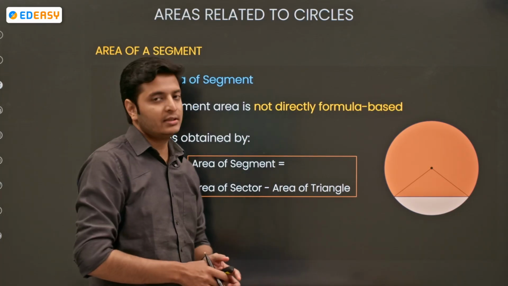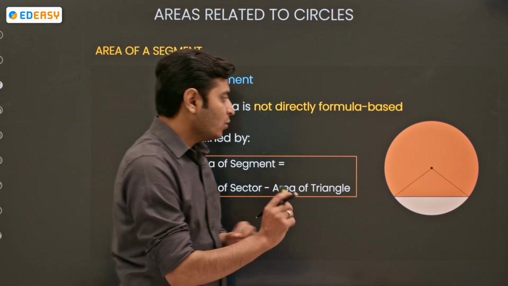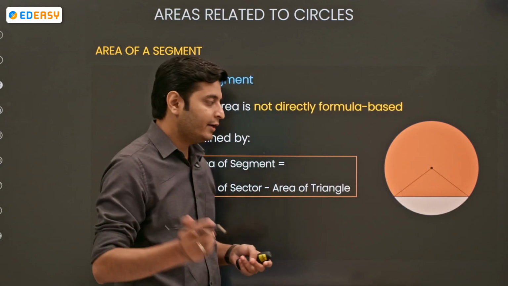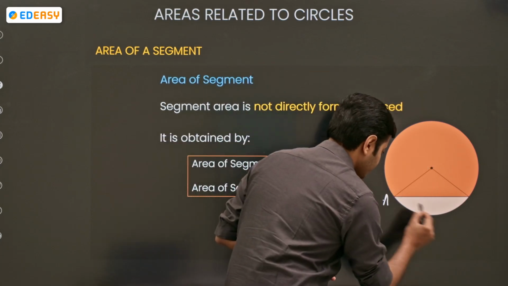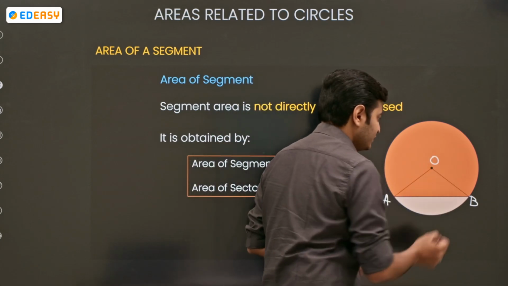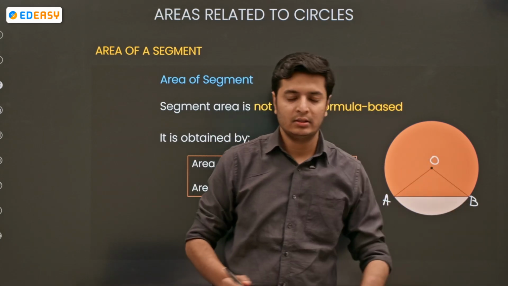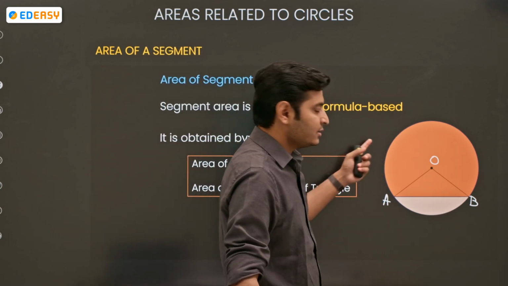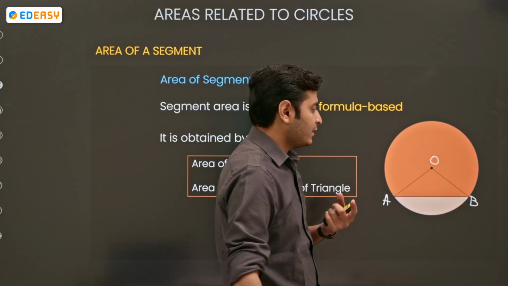So there are three things that I can see now. If I join the points A and B with center O, then we get two radii, OA and OB. If you look at this circle, you can see three different things.